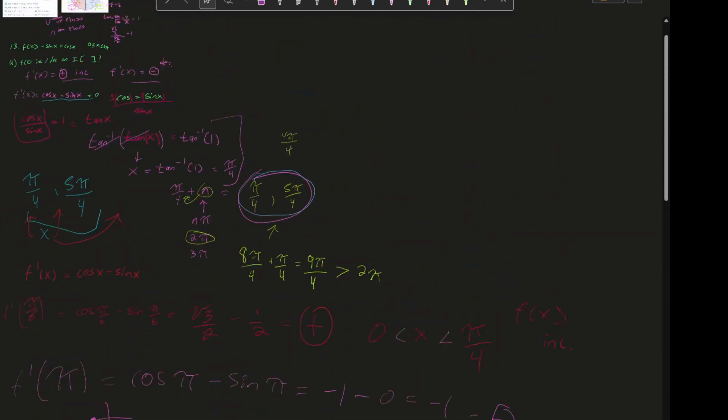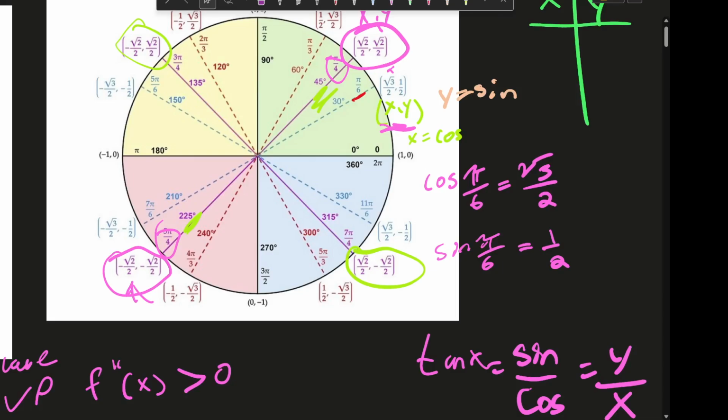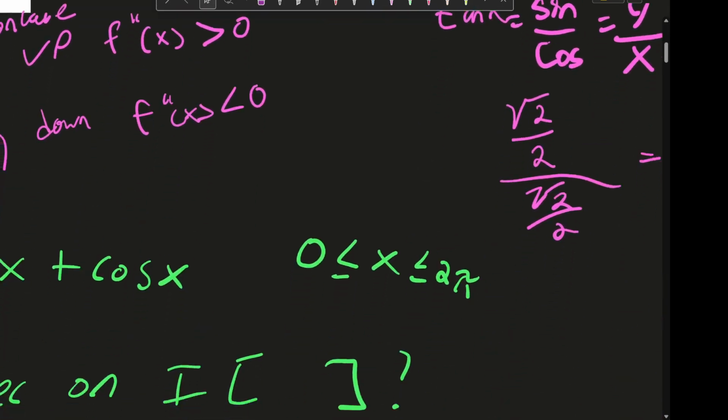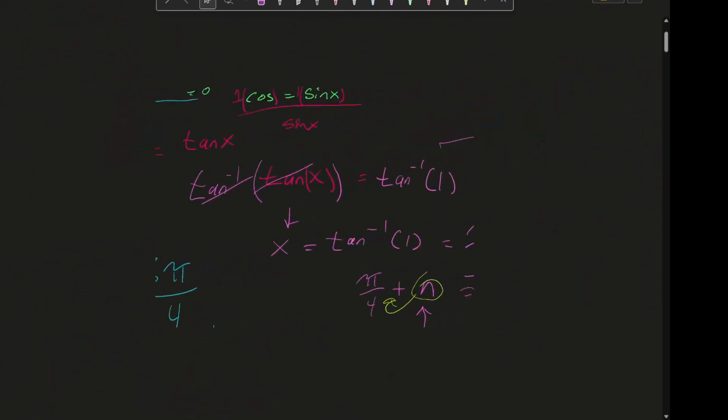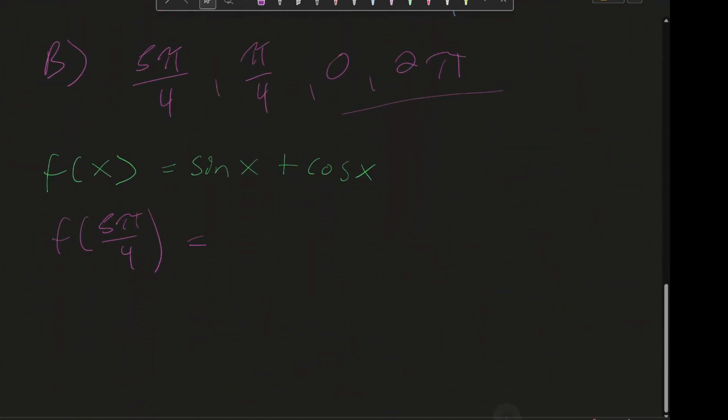So we'll go back to our unit circle real quick because I don't have a calculator out. 5 pi over 4. Again, think of x and y, where x is cosine, y is sine, and they're both just negative root 2 over 2. So you throw them into your calculator or look at the unit circle real quick.